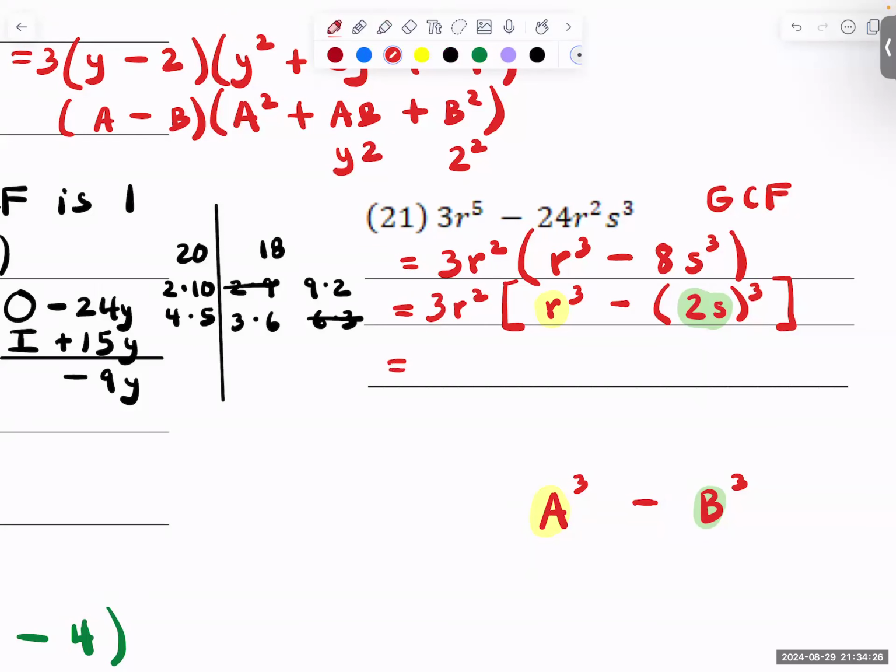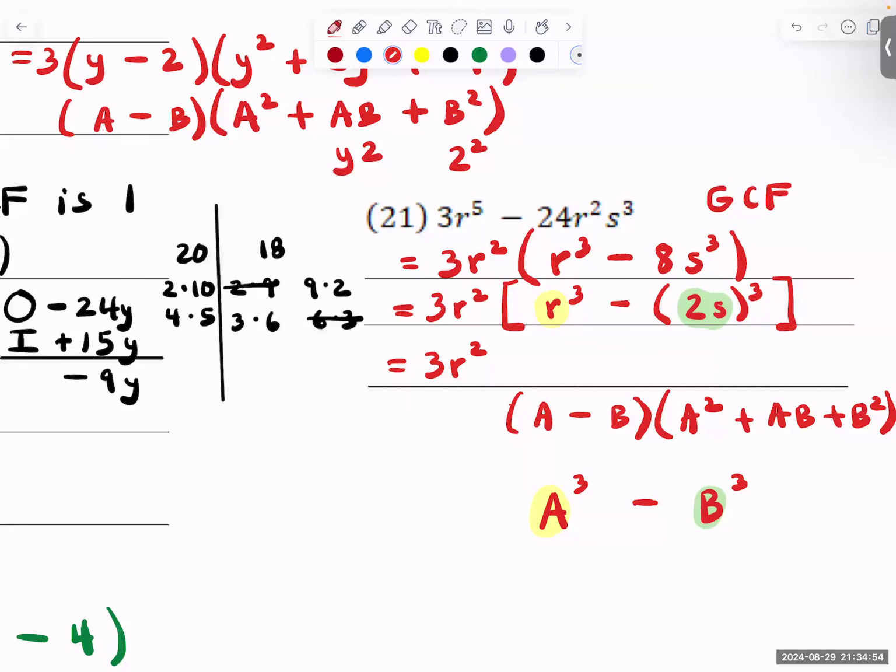So the formula, keeping the GCF, is, since it's a difference of cubes, it's going to be A minus B, same sign, minus, then A squared, opposite sign, plus A times B plus B squared.